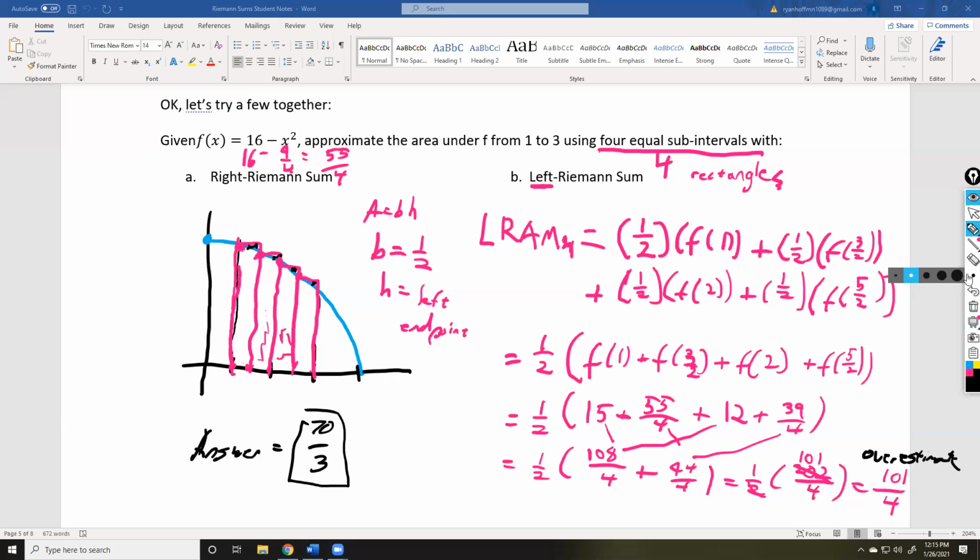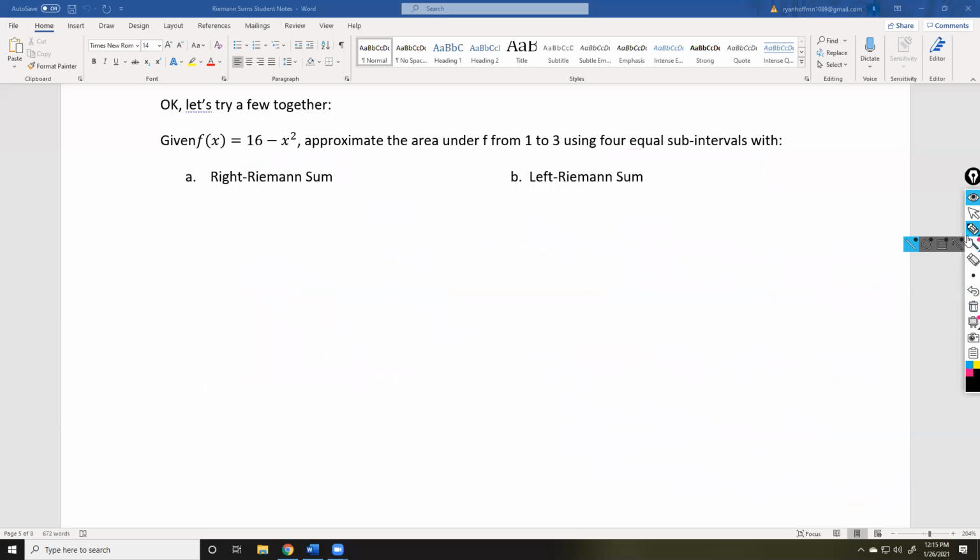The easier way to remember which points you're going to use, because of how you're choosing the points for LRAM, we're going to pick them all except the far right.